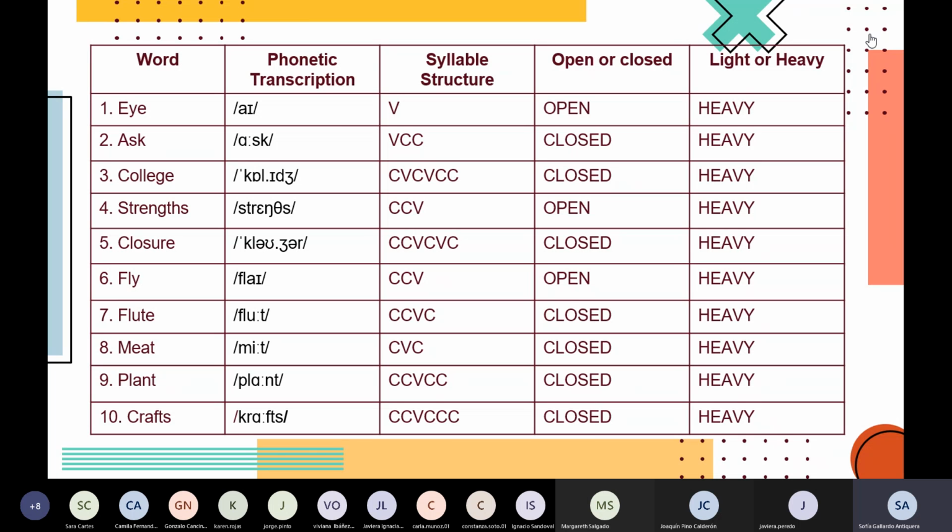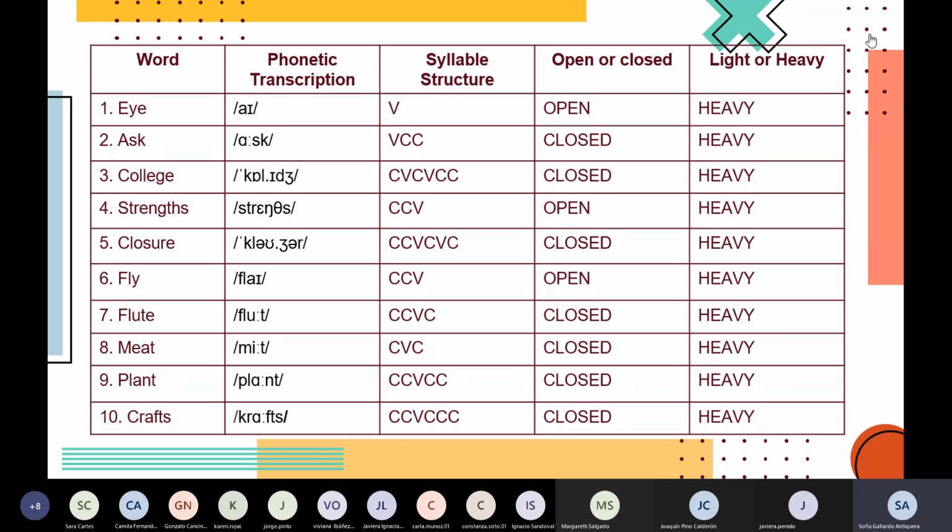Number 2 was ask, and you can see the phonetic transcription there. You have vowel, consonant, consonant. It is closed and it is heavy. Now for college, we have as a syllable structure consonant, vowel, consonant, vowel, consonant, consonant. It is closed and it is heavy.